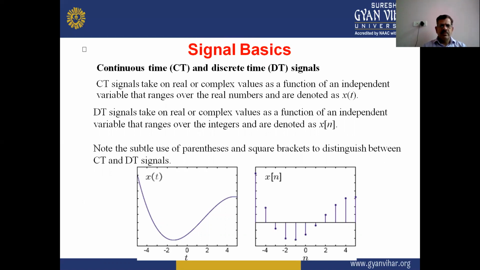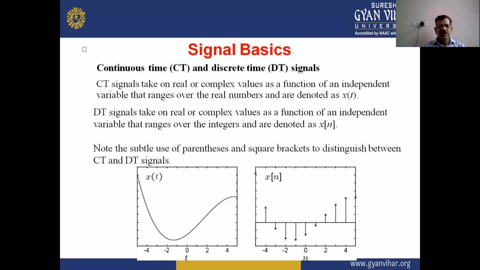Now, what are the signal basics? Here we have continuous-time (CT) and discrete-time (DT) signals. These are the two examples of basic signals. The first one is an example of an analog signal and the second, discrete time, is the digital signal.